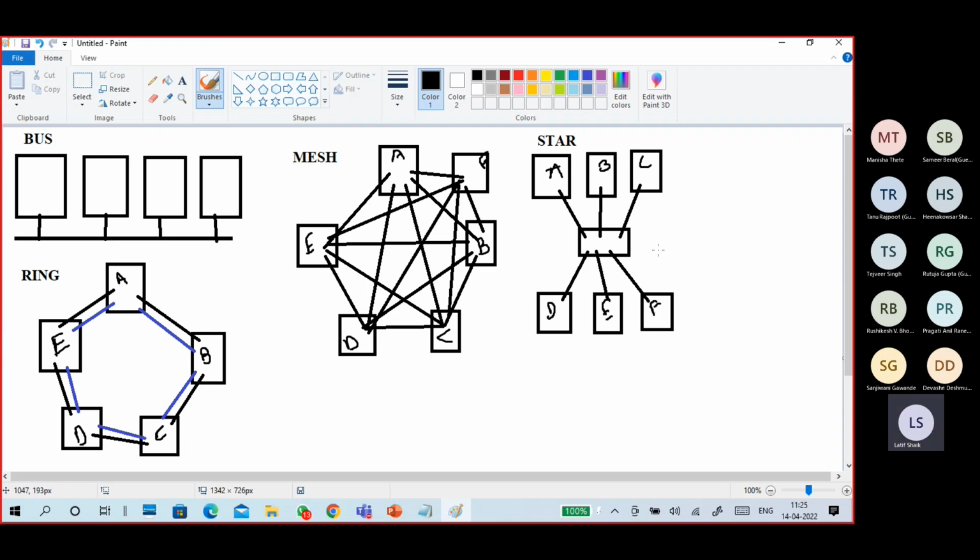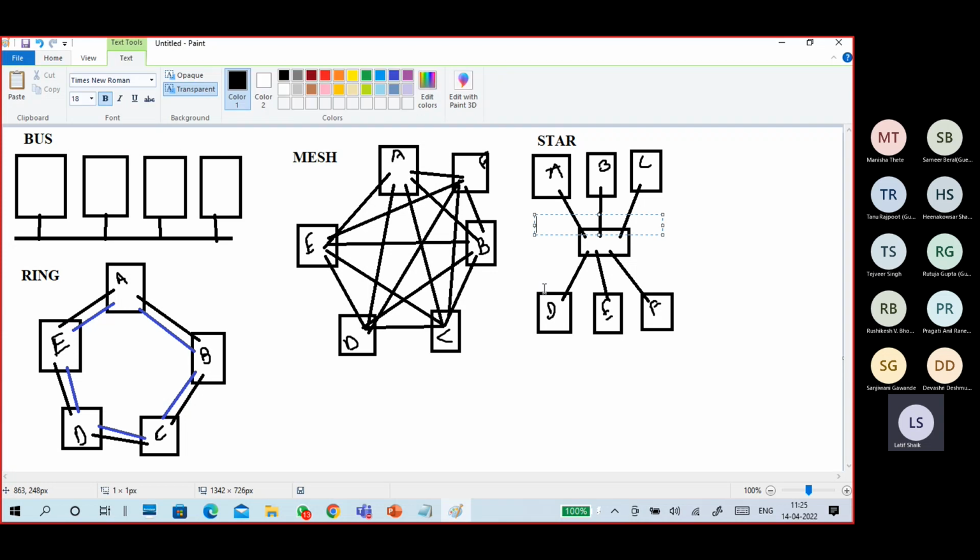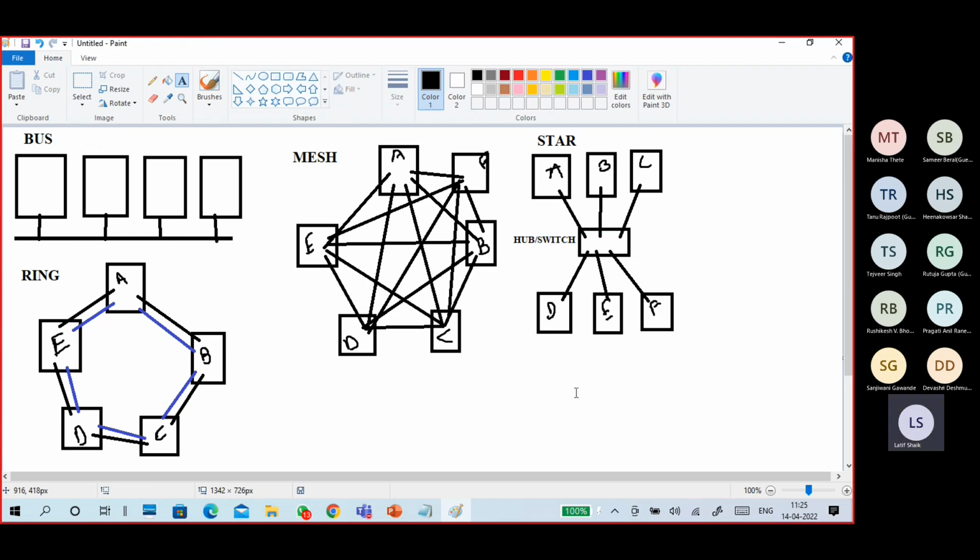Everything communicates with each other through the centralized device. The central device can be a hub or a switch. So what is the use of this?